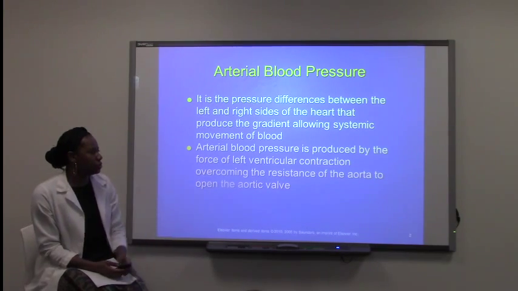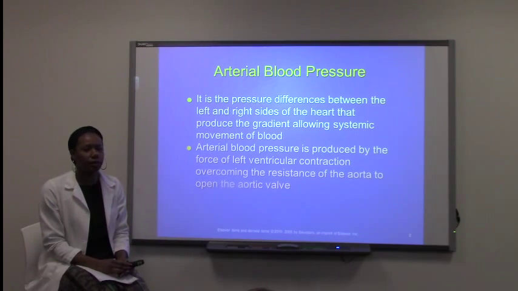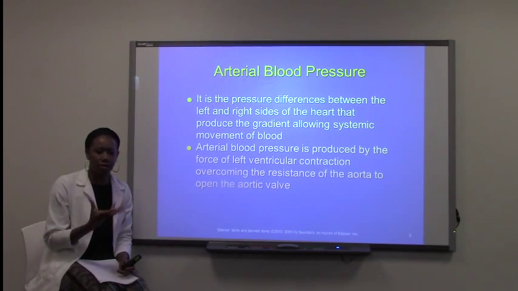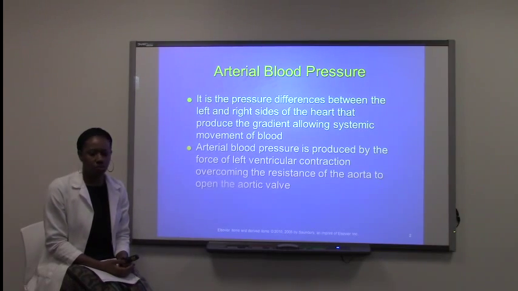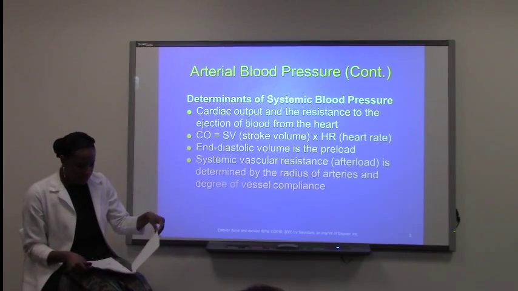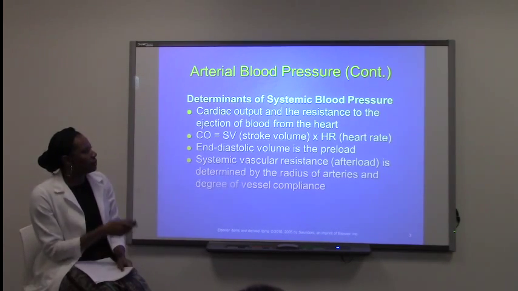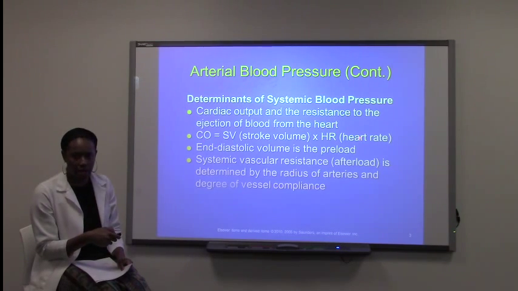Arterial blood pressure is produced by the force of the left ventricle contraction overcoming the resistance of the aorta, which will then open the valve. So this really gives us that good systolic situation that we have. Now, I'm sure you remember this from physiology: cardiac output is the stroke volume times the heart rate, okay?